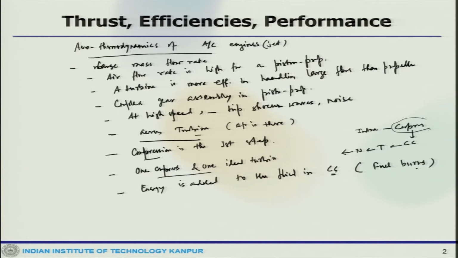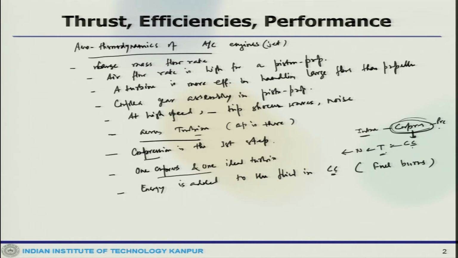You can see first a large amount of air is drawn into the system, and then there is a compressor which does the compression process. This increases the pressure and also slows down the flow velocity. Then it goes to the combustion chamber, where due to the burning of the fuel extra energy is added, and when this passes through the turbine, where the expansion takes place, the turbine produces power and the flow passes through the nozzle.